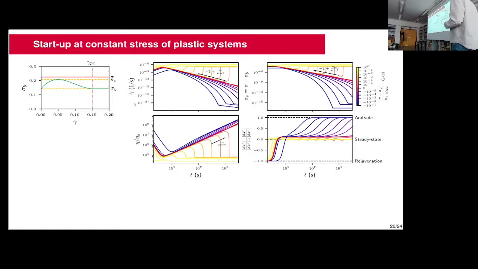Again, same thing. You start with some rejuvenation of your system. You have some creep. And now you have what is much closer to the experiments. You have a fluidization with a strong acceleration of the strain rate in one case, and an arrest of the strain rate for stresses that are below the yield peak.